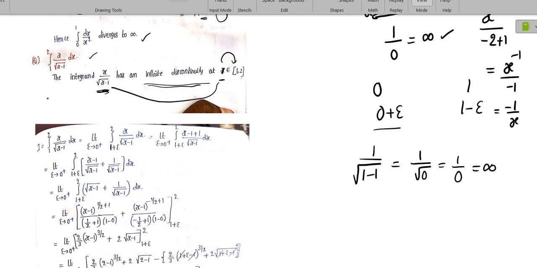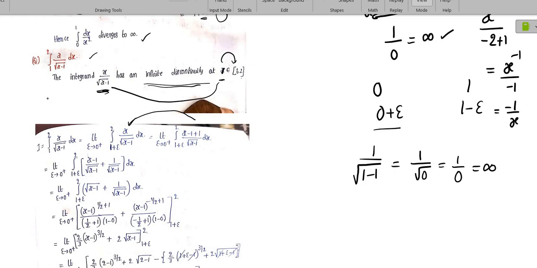Here 1 is present in the place of the lower limit. That's why I am taking epsilon tends to 0 plus, 1 plus epsilon to 2, of x by root of x minus 1 dx, with the limit as it is. Observe the numerator. I am changing the form of the numerator, but I am not changing the value. x can be written as x minus 1 plus 1.